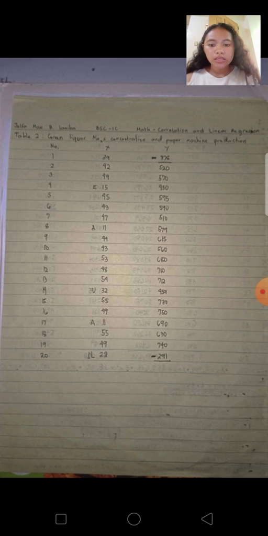Then next is number 17, which corresponds to the second to the last letter of your first name, which is A. And A is 11.